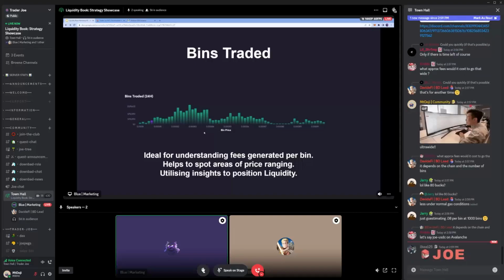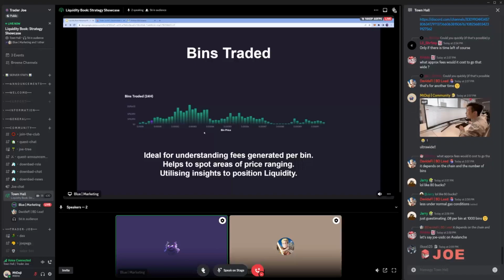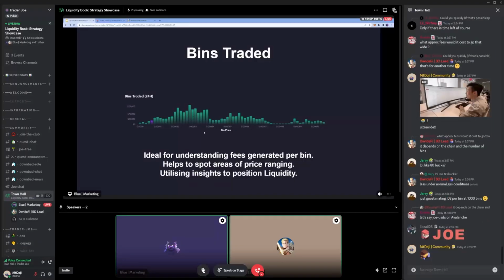So it's insight to inform you of previous areas of high trading activity, and also the opposite, where price just went up or down really fast and no trading activity happened. And you can use this insight to understand where you may want to deploy liquidity, moving forward.